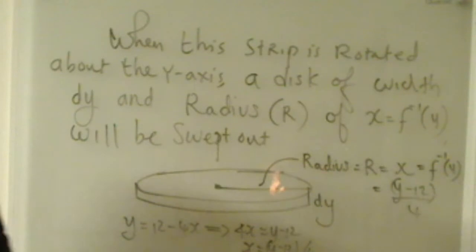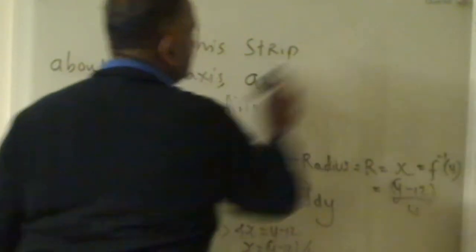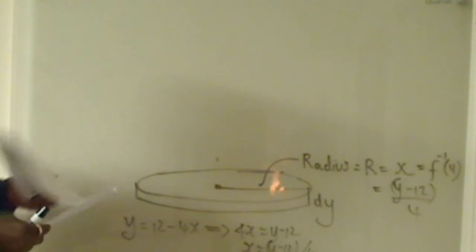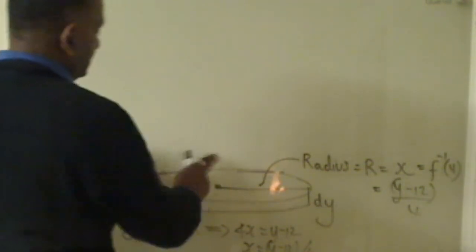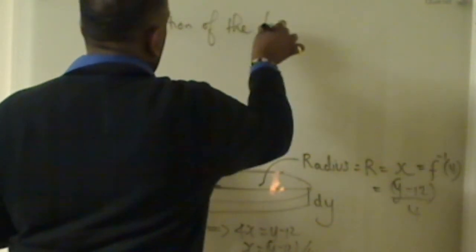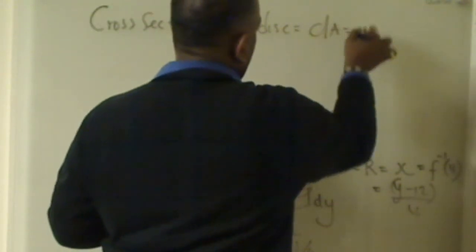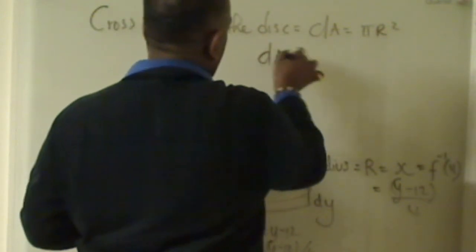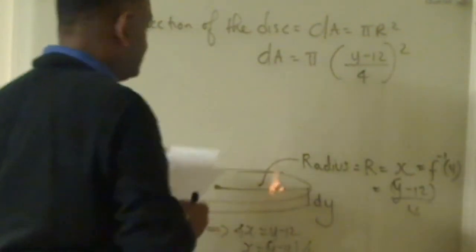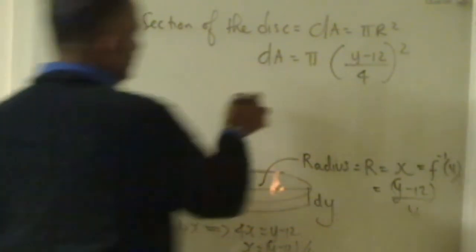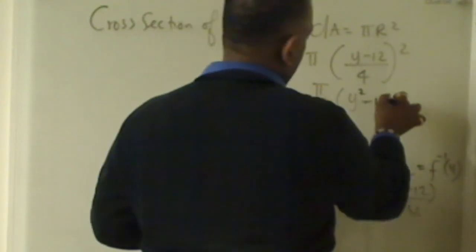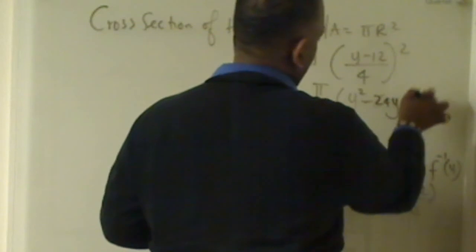Now you can easily write the volume. But before that, let's write a cross section of the disk, which is dA given by pi r squared. dA equals pi r squared means pi times (y minus 12 over 4) squared, which is pi over 16 times (y squared minus 24y plus 144).